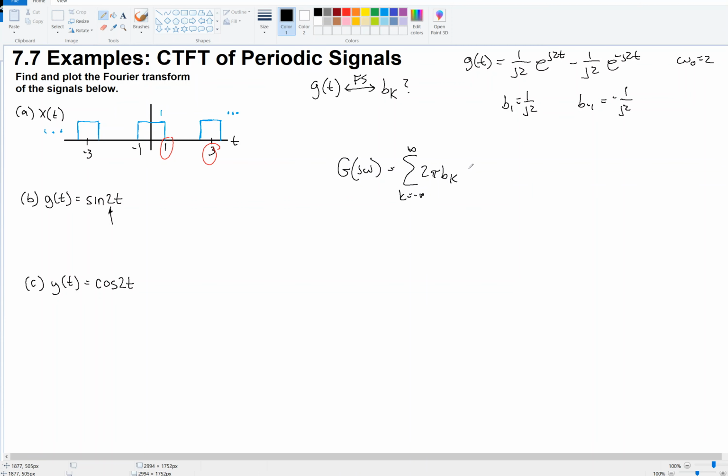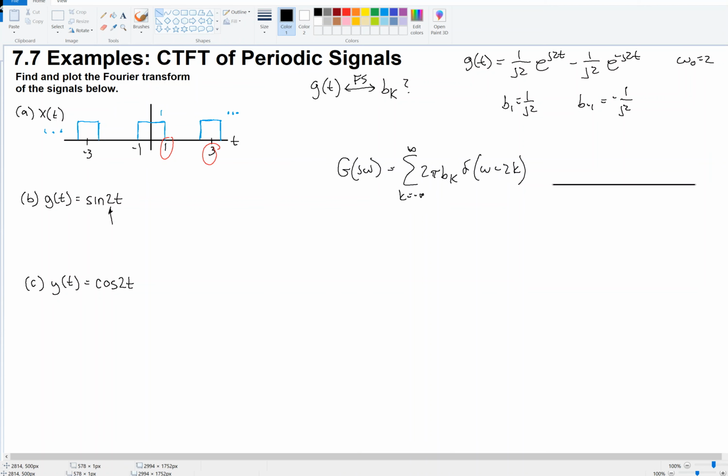I'm using the b's, times delta of omega minus k omega 0, and omega 0 is 2. So we have that. So this is the answer. We've fully specified the Fourier transform here because we've got the Fourier series coefficients, so those go into the b_k's, and then we've expressed the Fourier transform. But that's not good enough.